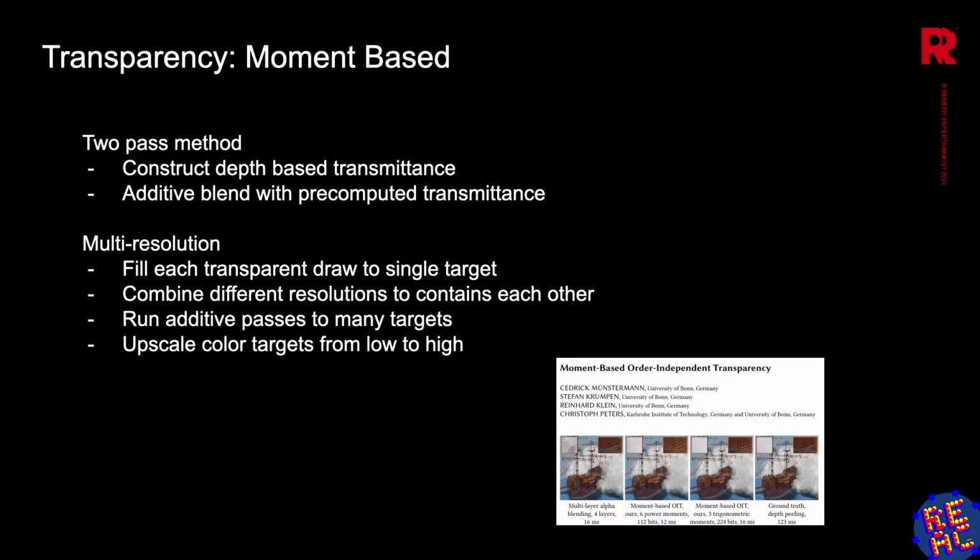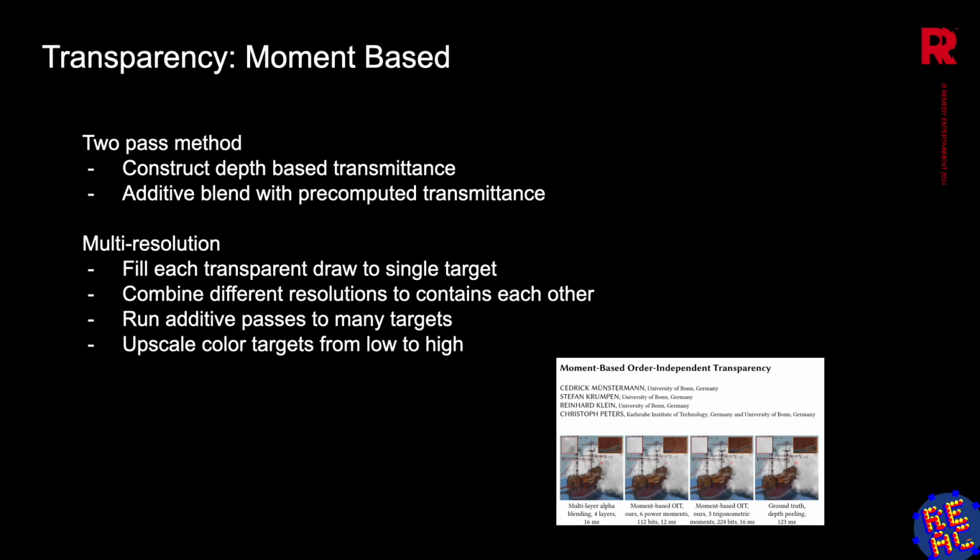Moment-based order-independent transparency, MBOIT, is a two-pass method where you first rasterize all your geometry in order to produce depth-based transmittance. On the second pass, all the geometry is filled again into a color target with additive blending, but this time by reading the transmittance from the buffers that were earlier filled.